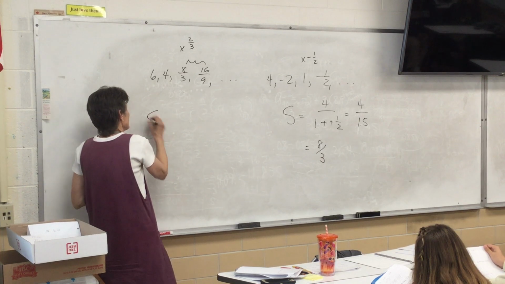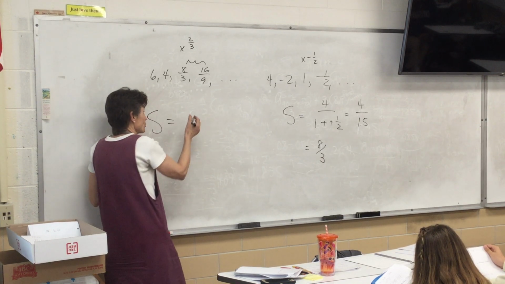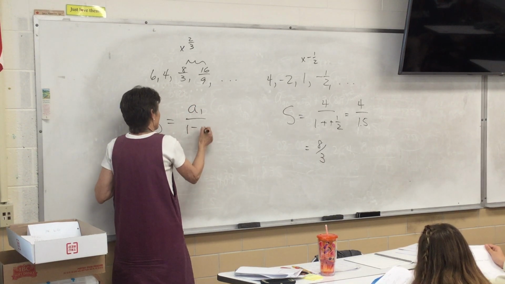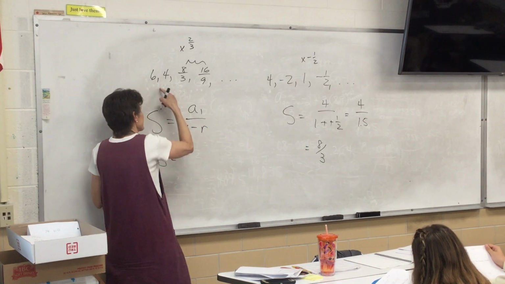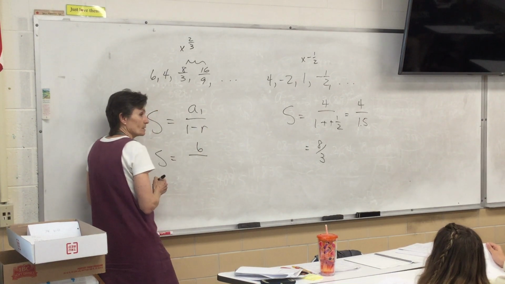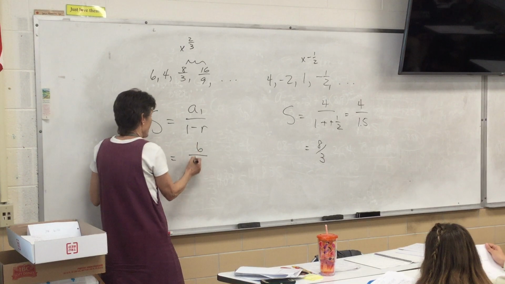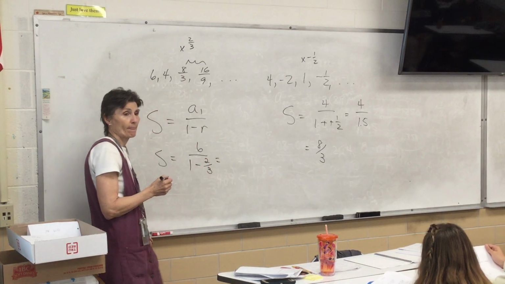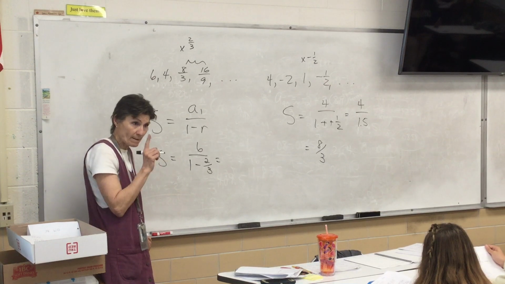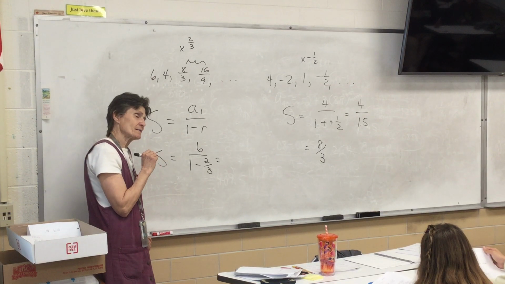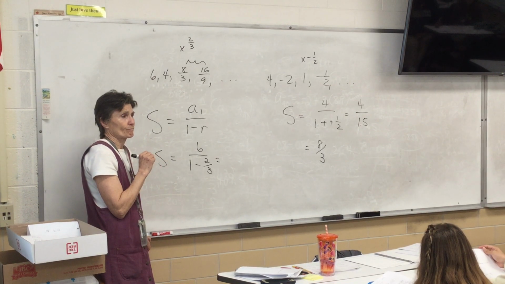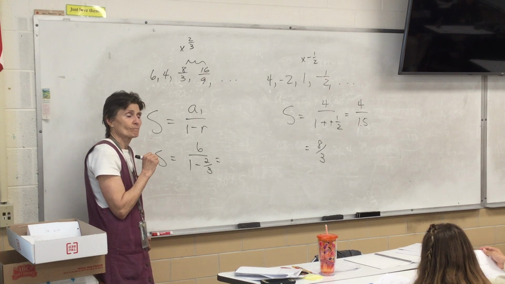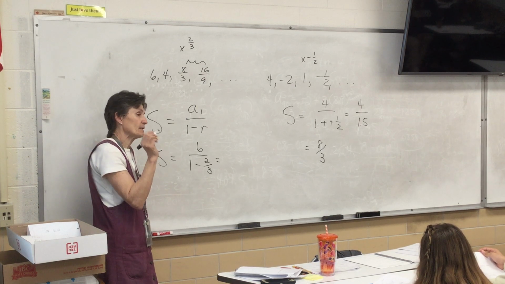So my formula says my first term is 6 over 1 minus 2/3. Right? What's 1 minus 2/3? Okay, forget the decimals.